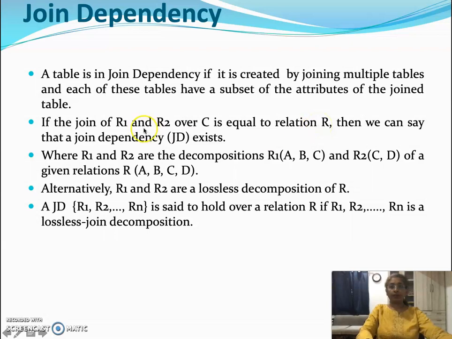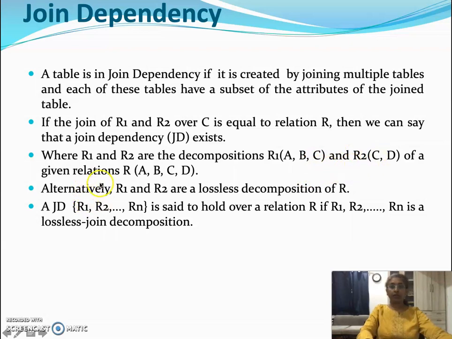Here R1 has three attributes A, B, C. R2 has two attributes C and D. We see that there is a common attribute C in R1 and R2.